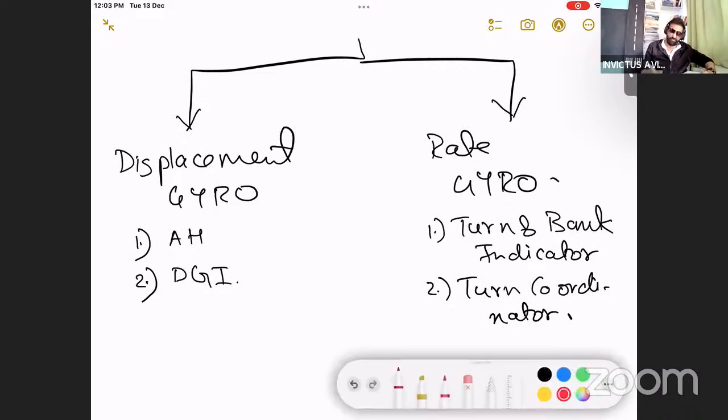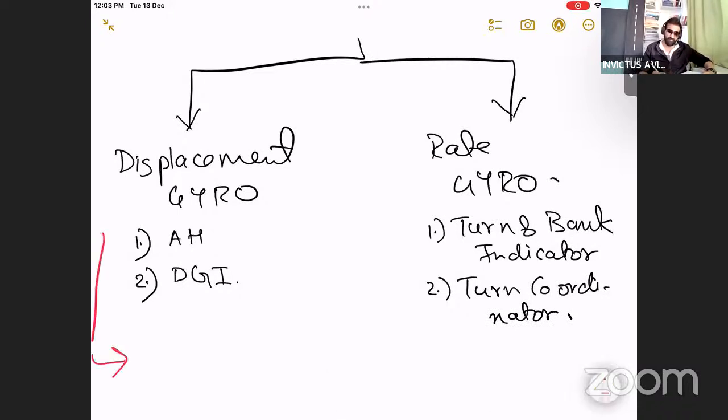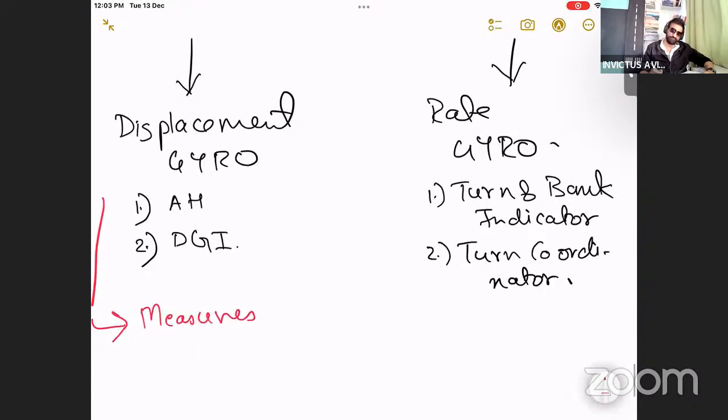In displacement gyro, you can write: displacement gyro measures angular difference or angular displacement.